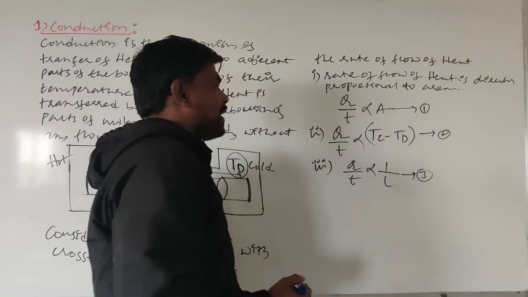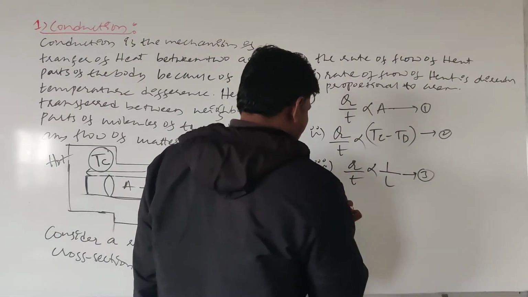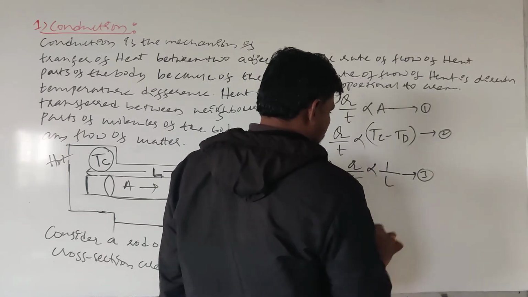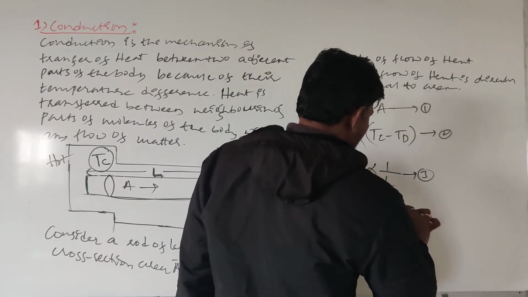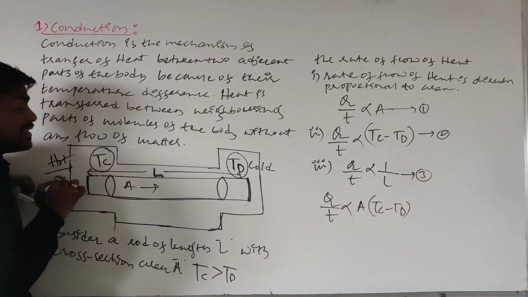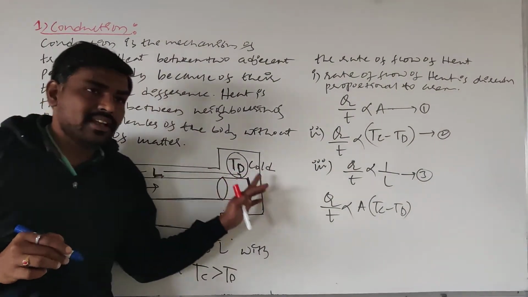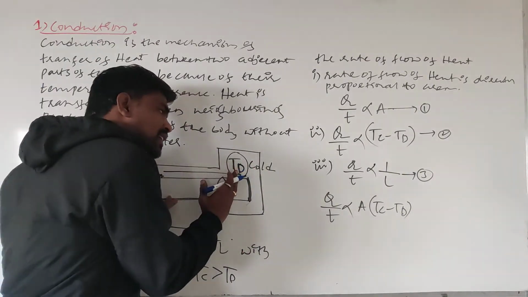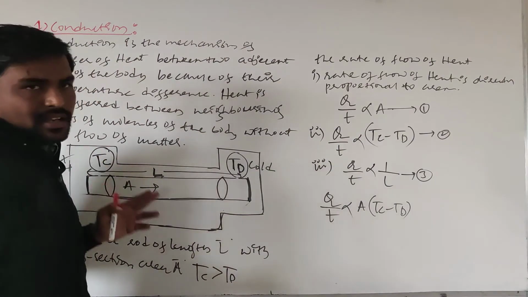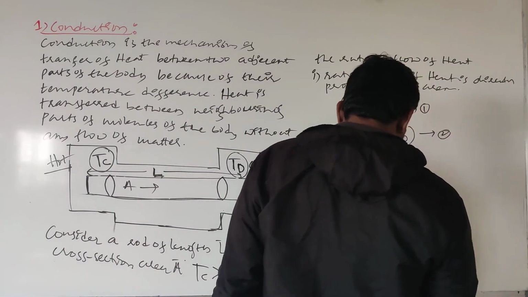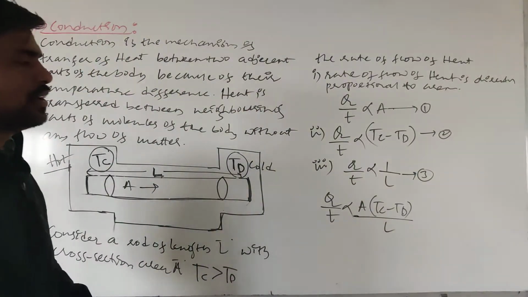Combining these three, Q by T is directly proportional to A, and Tc minus Td. Tc has more, Td has less, so we have to subtract from here to here. Divided by what?